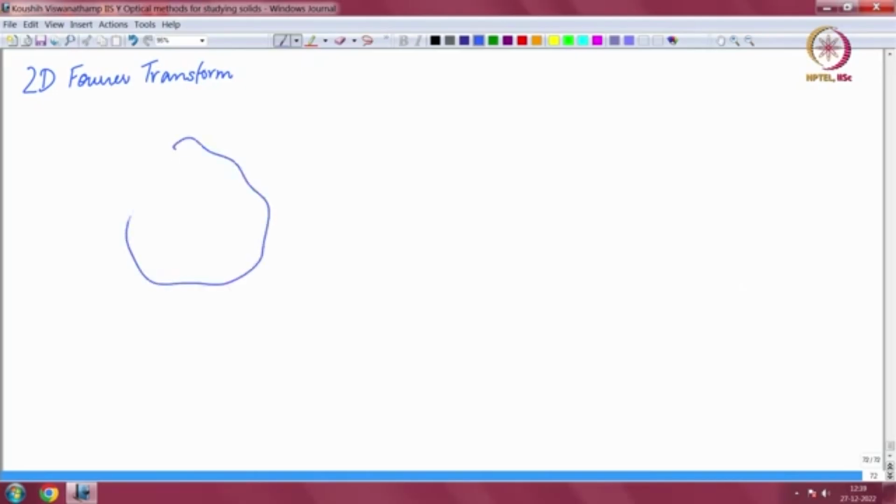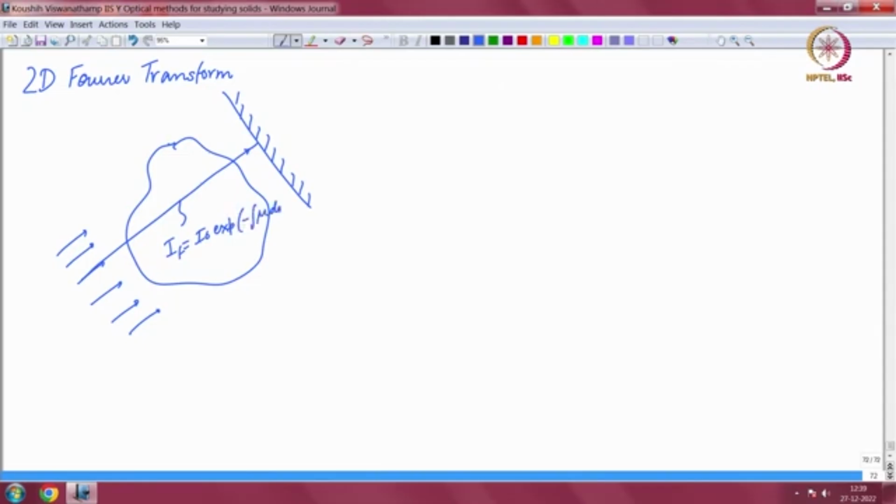Remember the situation we described was this: we had a light ray coming like this, or a bunch of light rays coming like this, and then you have a screen here, and whatever intensity along one particular line is given by I F equal to I naught exponential of minus integral mu ds, going from 0 to S naught.